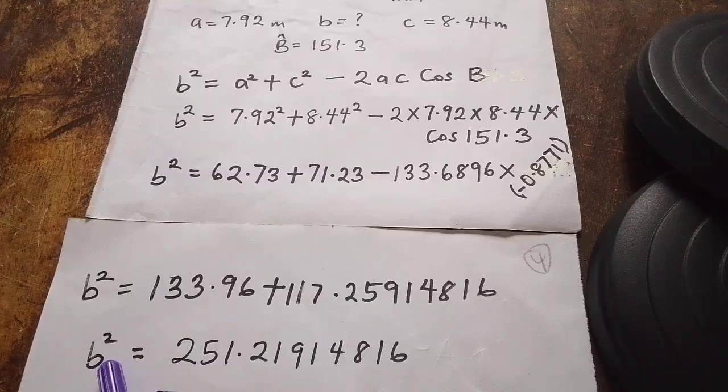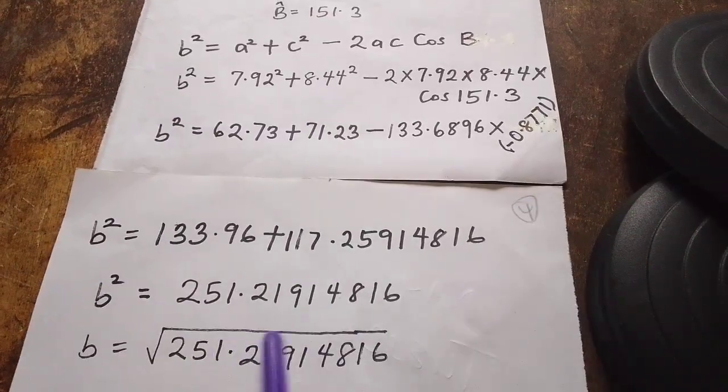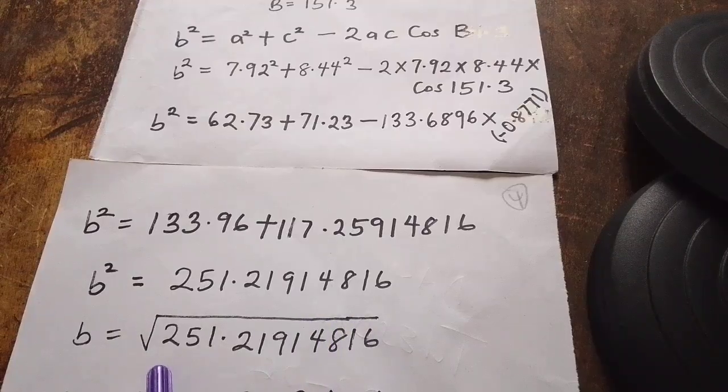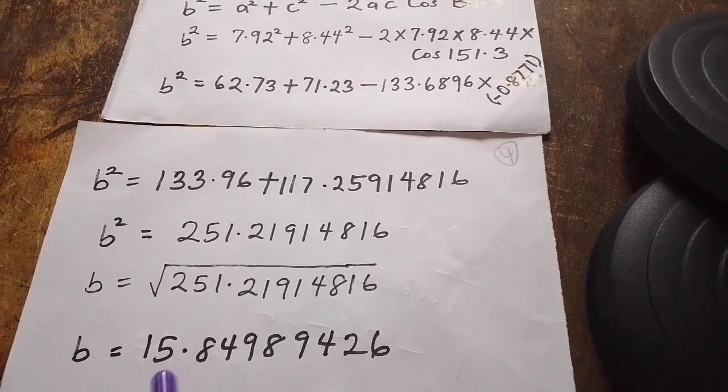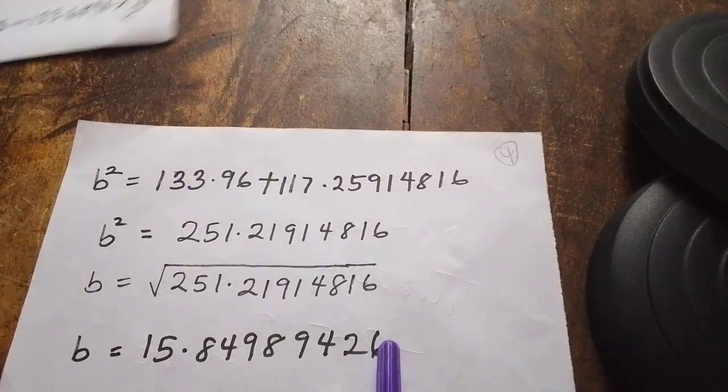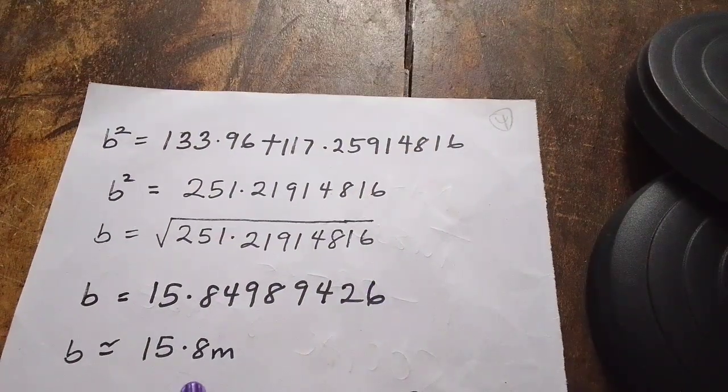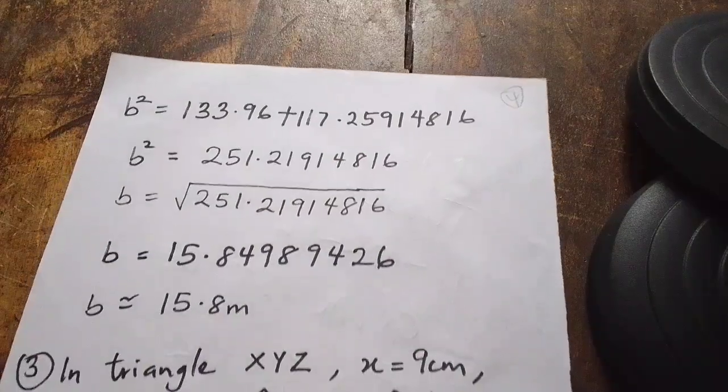So to get our b, you find the square root of this. The square root of 251.21914816 gives us 15.84989426. To one decimal place, it will give us 15.8 meters.